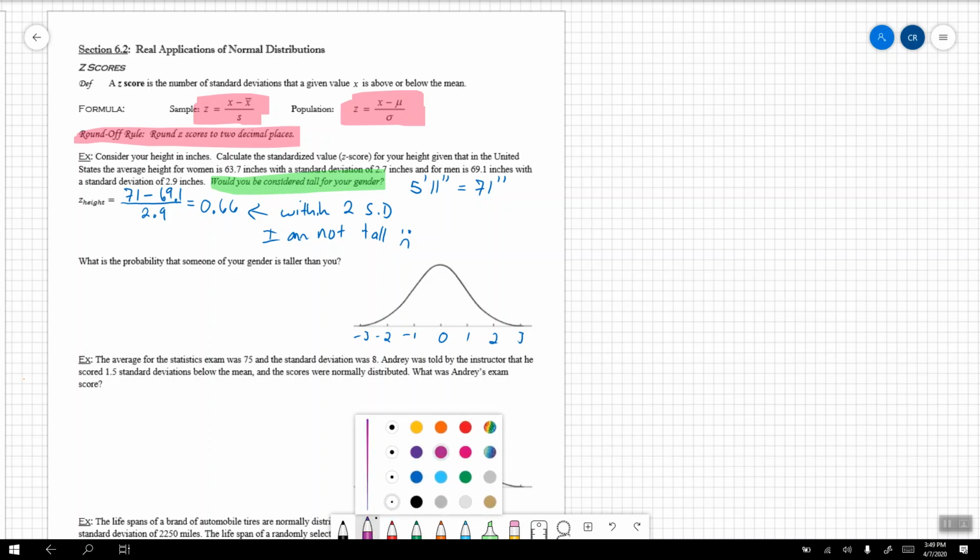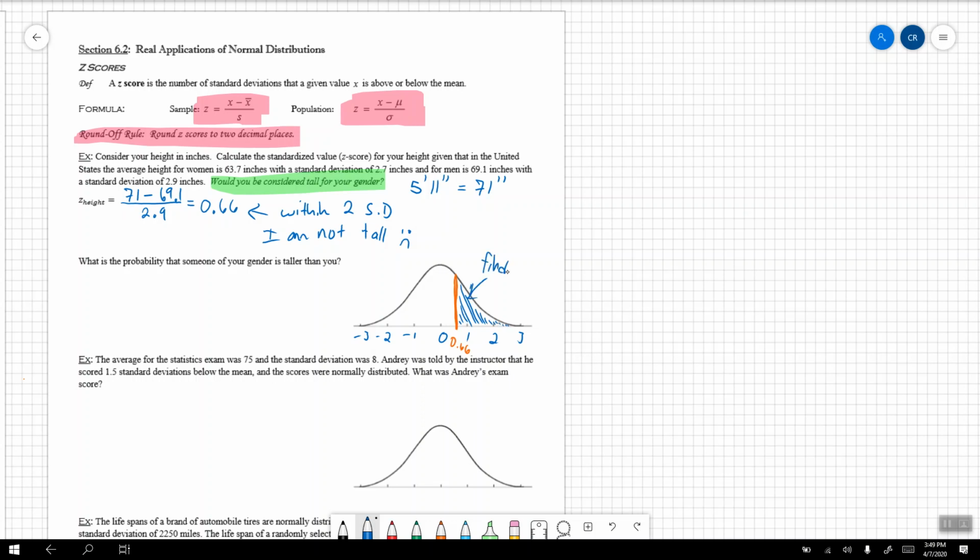The z-score that I am looking at is 0.66. That's about here. What I'm trying to find is the probability that someone is taller than me. So in other words, I need to find this area.